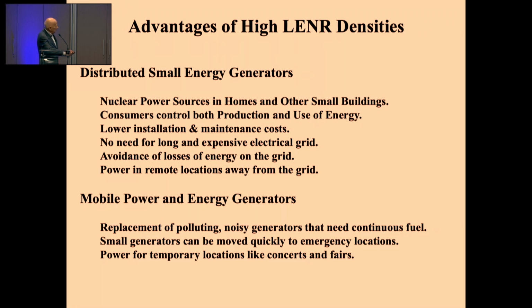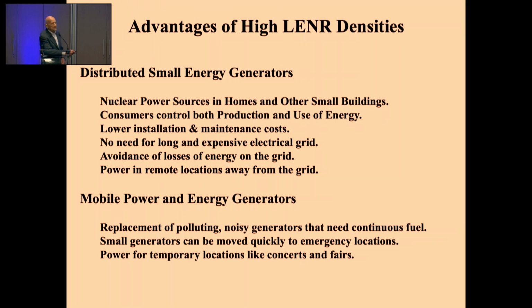And it would be possible to have power in remote locations far away from the grid. It might even be possible to have mobile power sources that would replace diesel generators, which of course are smelly and noisy and so forth. Small generators that could be brought quickly to emergency situations and for things like concerts and other things.